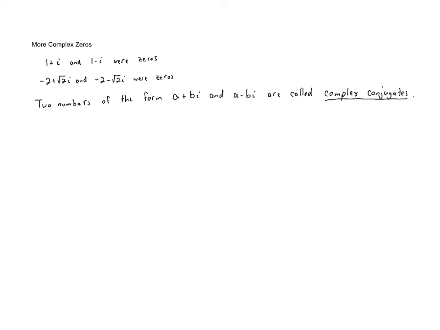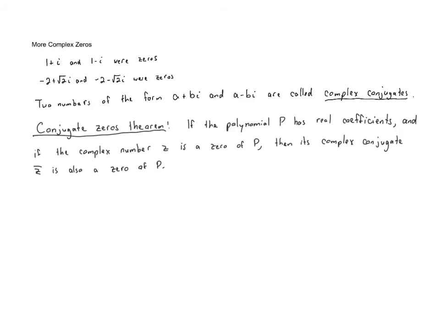And this is called the conjugate zeros theorem. If the polynomial p has real coefficients, and if the complex number z is a zero of p, then its complex conjugate, z with a bar written over it, is also a zero of p. This is a way that we write complex conjugates.